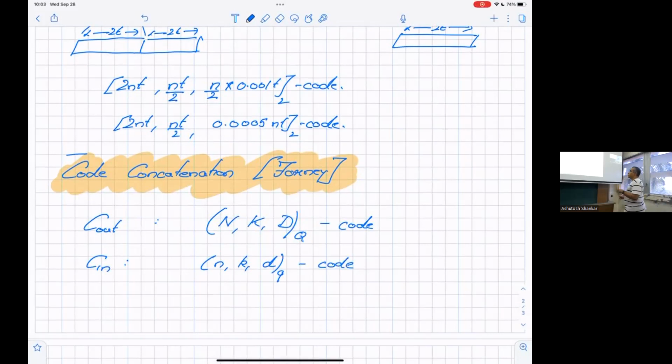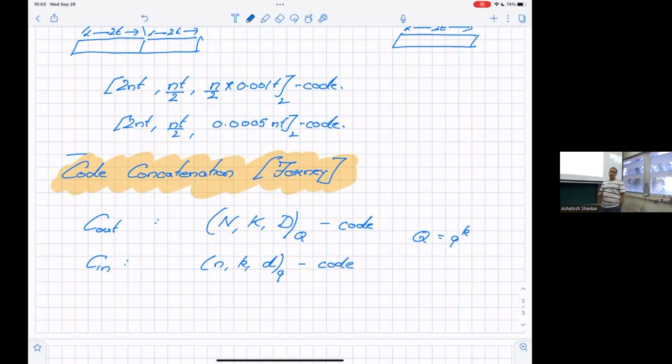But the only way that the two codes should be talking, so every alphabet symbol here should be sort of the input for this. In other words, we must be able to, with the condition that capital Q is an alphabet symbol here, that should look like the input message. Capital Q should be equal to small q to the power small k. So that's the concept.